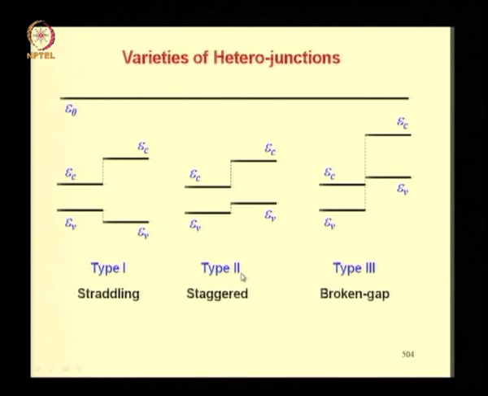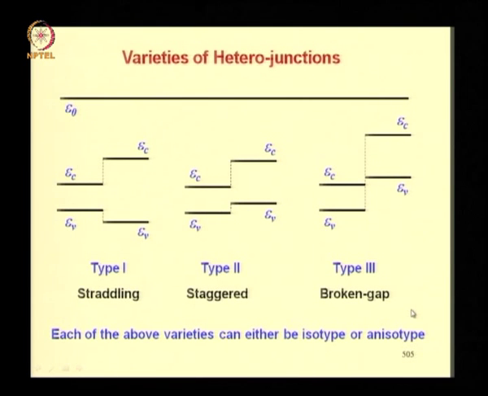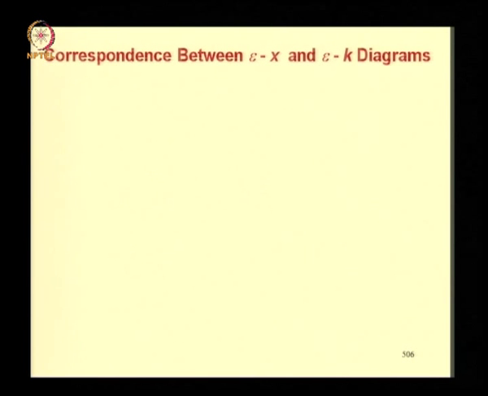We explained various varieties of heterojunctions, type 1, type 2 and type 3, depending on how the conduction and valence band edges are located for the wider band gap material with reference to the lower band gap material. Now each of the above types can be either isotype or anisotype. Isotype means both sides are p or n type. Anisotype means one side polarity is opposite to the other side polarity.